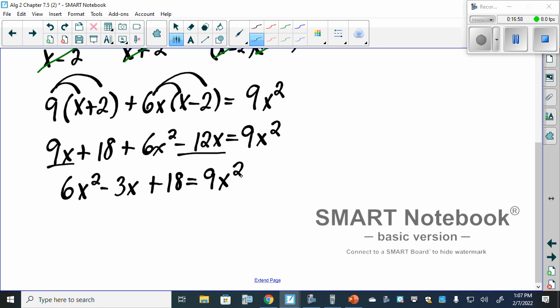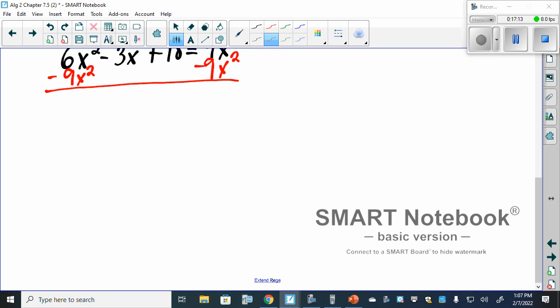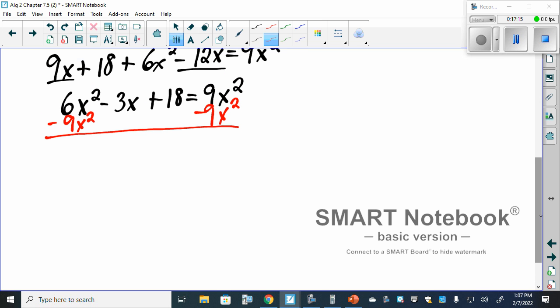So now that we have the like terms all combined in a nicer way, when we do the subtraction of 9x squared to get this equal to 0, it'll be a little bit easier to see how this works. Because at this point here we have negative 3x squared minus 3x plus 18 is equal to 0.